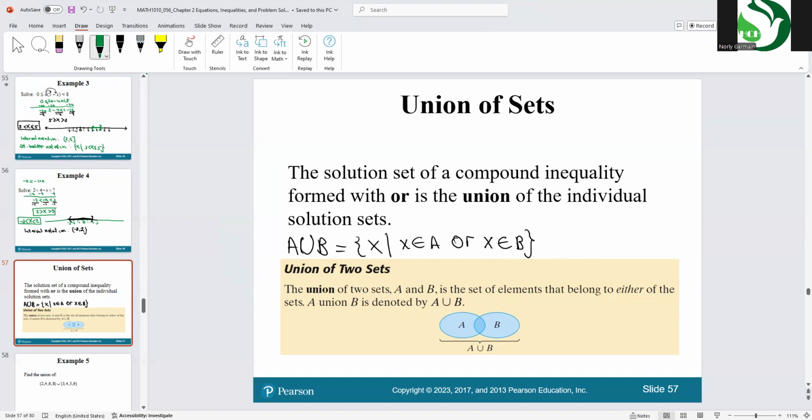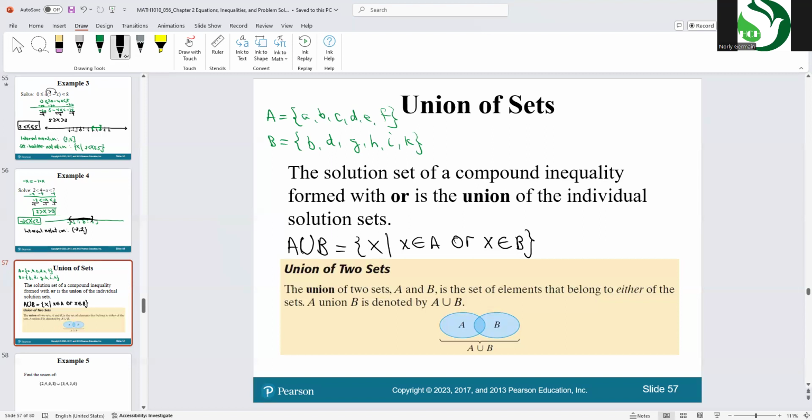For example, let's suppose we have A equal A, B, C, D, E, F, and B is B, D, G, H, I, K. I just take it, you understand. So you see here, we can do both.